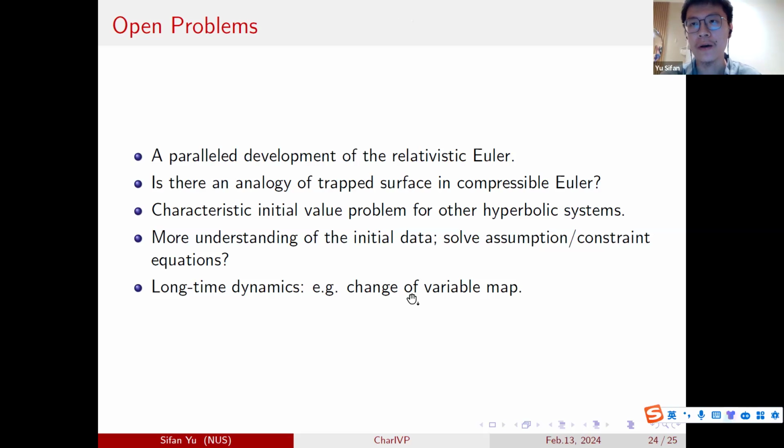In reality, you will have some pinch-off properties: your sphere will pinch off during your evolution. So you have to control the injectivity radius, which is very hard to do in the regime of compressible Euler. Okay, I think I should stop here, and thank you for your attention.